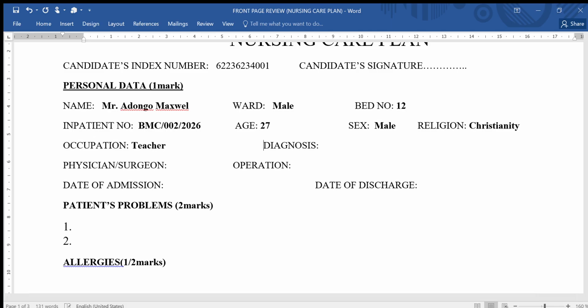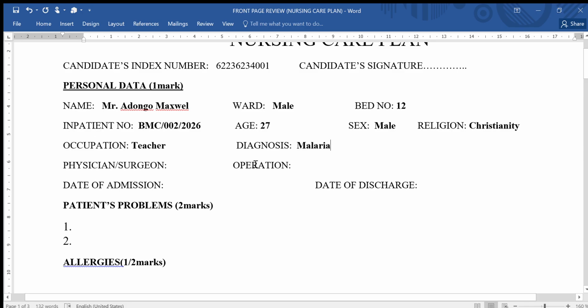Then you come to diagnosis. Diagnosis here is the medical diagnosis. What condition is the patient admitted with? You type it there. In our case, our patient is diagnosed with malaria. It's a medical diagnosis. Then the next thing you see is the surgeon.